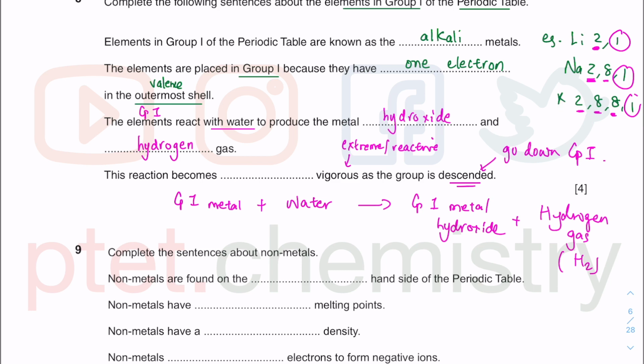The nucleus, which contains your protons, becomes less attracted to the valence electron, so it is easier to lose. If it is easier to lose, they become more reactive. Therefore it becomes more vigorous going down group 1, because it is easier to lose your outer shell electrons, or valence electrons.